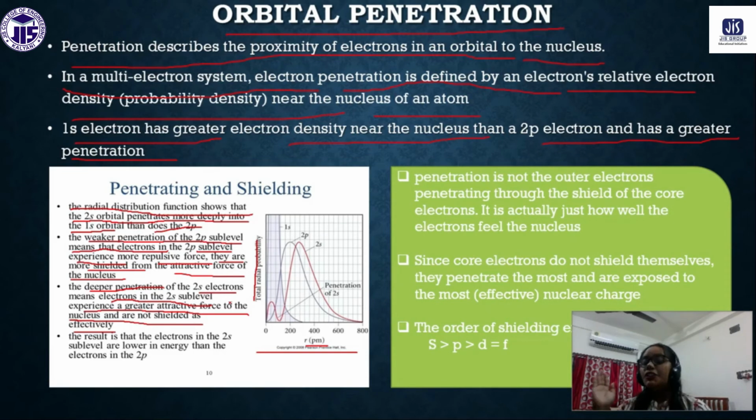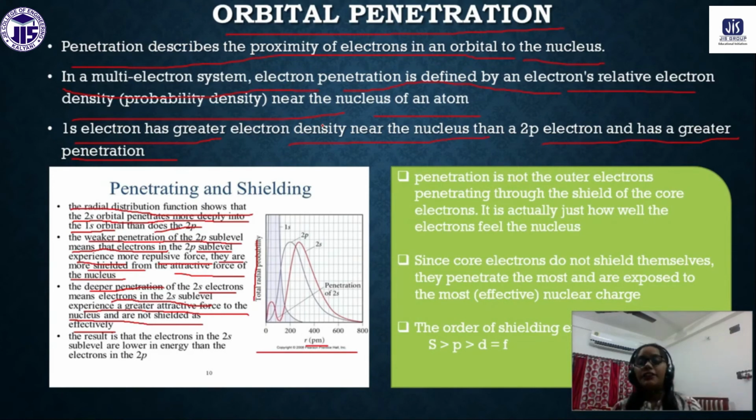That means the shielding effect is less. Understand? So these are the two statements that are very important. You have to understand this, otherwise you cannot get the concept of orbital penetration.